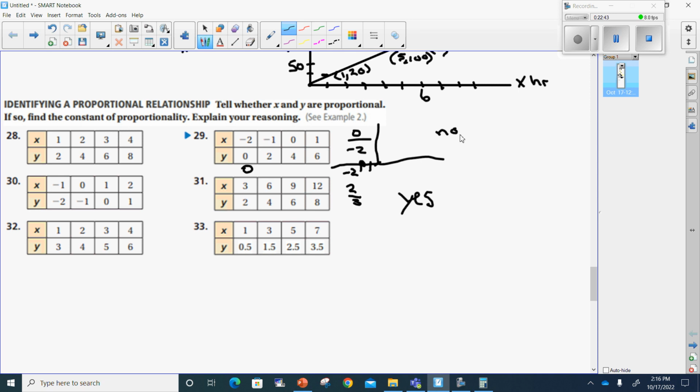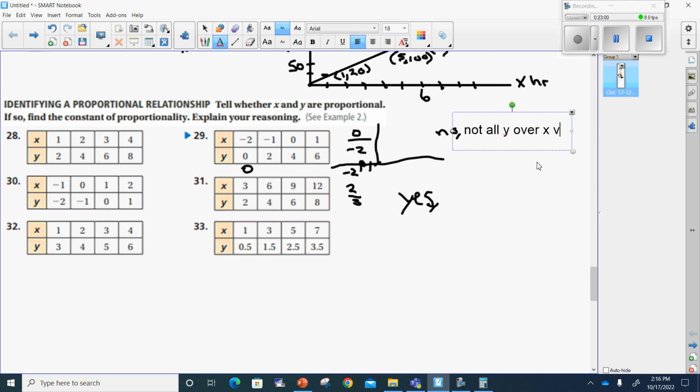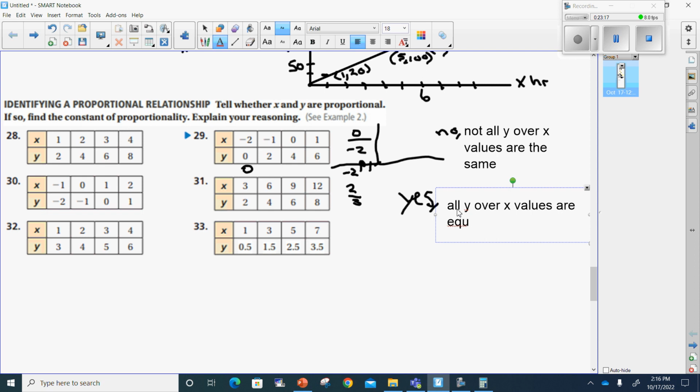Okay. And if we want to put something here for an explanation, we could start with this one saying, not all y over x values are the same. Okay. And for this one, we could put all y over x values are equivalent.